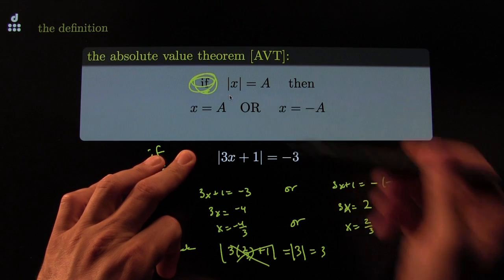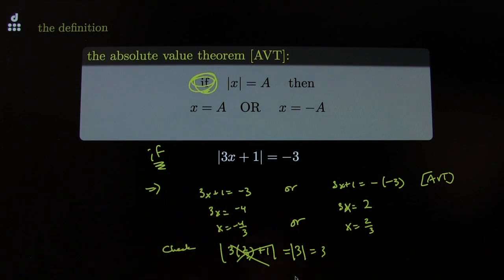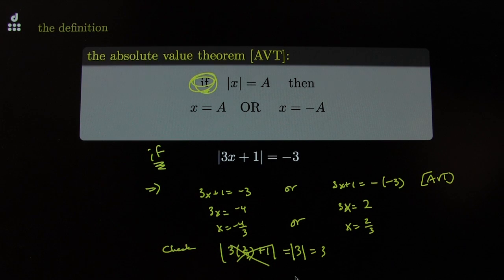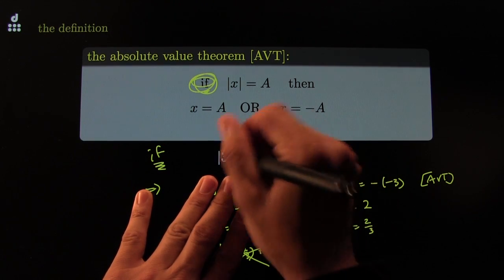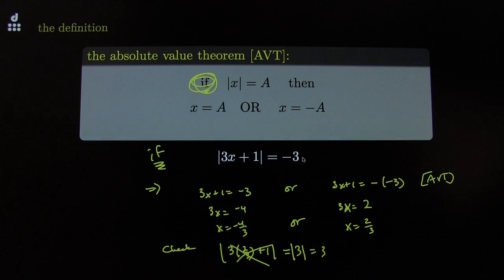When you get done with it, you should go back and check your answers, because if you don't, you could get into some trouble here. Okay? Just a little warning. Check your answers at the end. Or if you're very sharp at this, you would have perceived it from the beginning. The absolute value of a number won't be negative 3. It'll always be a positive 3 maybe, or a positive something.